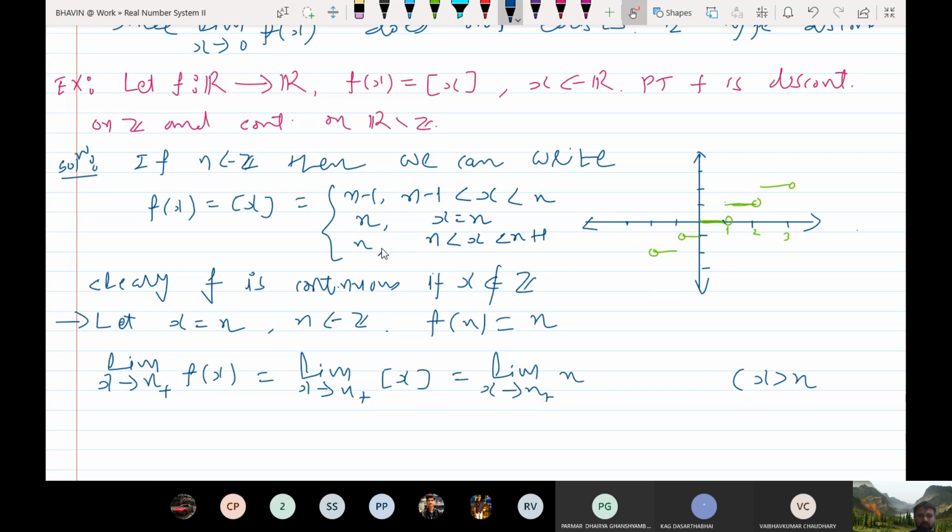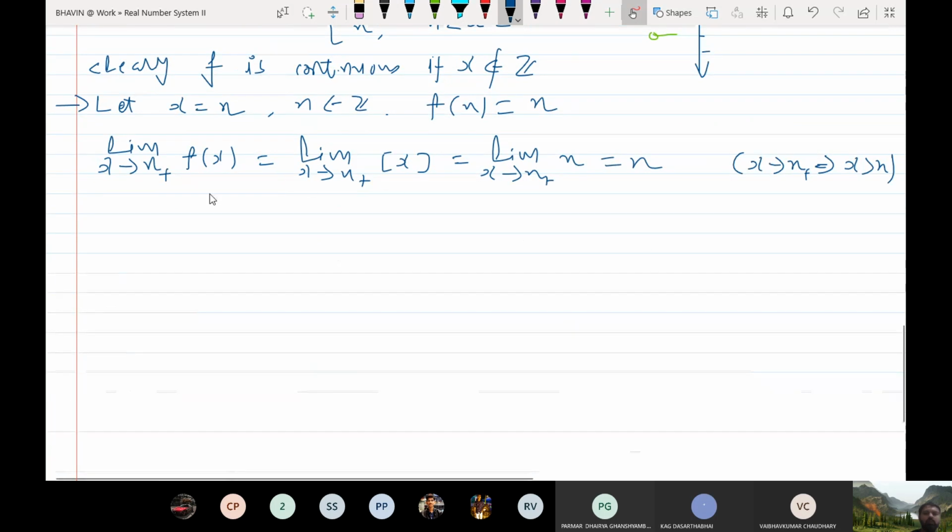It is just n. So this limit is n. So here I should write in this way, x tends to n plus implies x is greater than n. So do you understand? This limit is n.